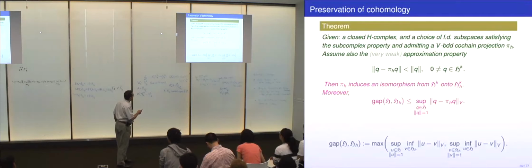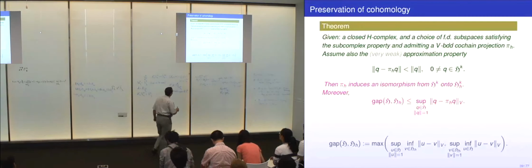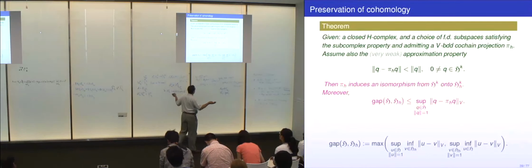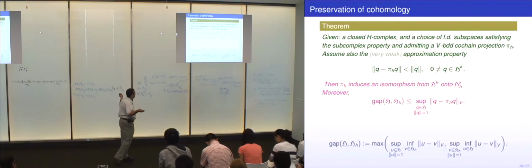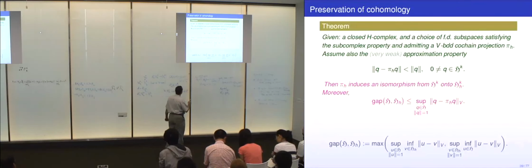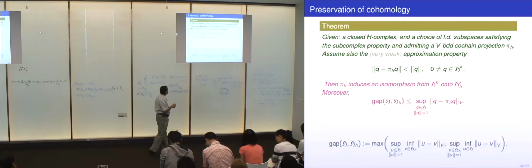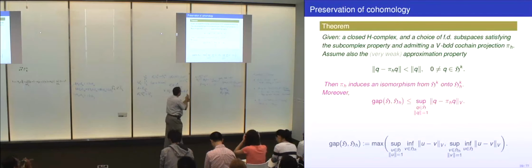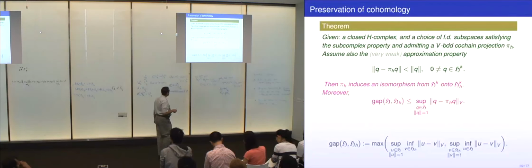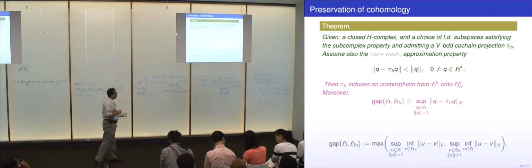What's the gap between spaces? So this is a general notion when you have two Hilbert spaces or Banach spaces, and you have two subspaces, even infinite dimensional subspaces, you can have a gap, and this gap has the property that if the spaces are orthogonal to each other, it's equal to 1. If the spaces coincide with each other, it's equal to 0, and the smaller it is, the closer they are.